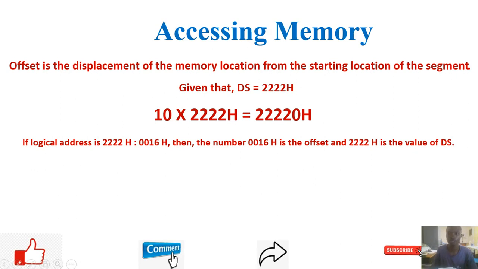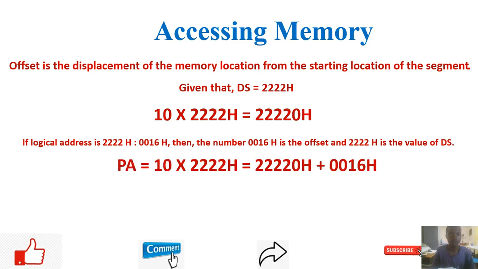You know other segment registers that we have: extra segment, stack segment, and code segment. So on this line we are saying if the logical address specified is quad 2h colon 0016h, then 0016h is the offset and quad 2h is the data segment value.